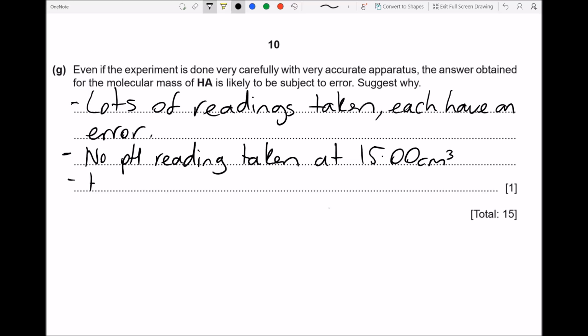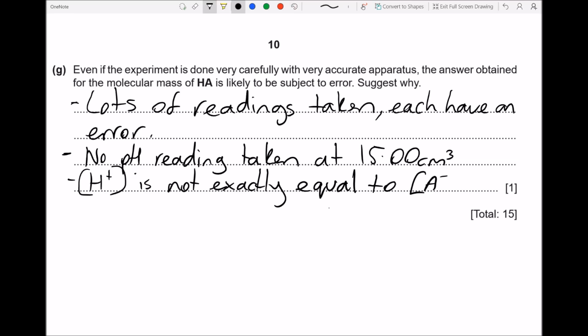You can also say that the concentration of H plus is not exactly equal to the concentration of A minus. So anything like that, and that would obviously get you that mark there.